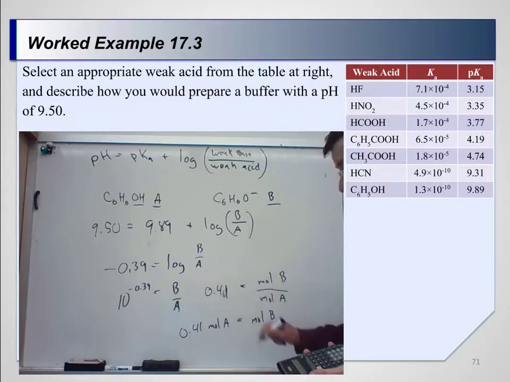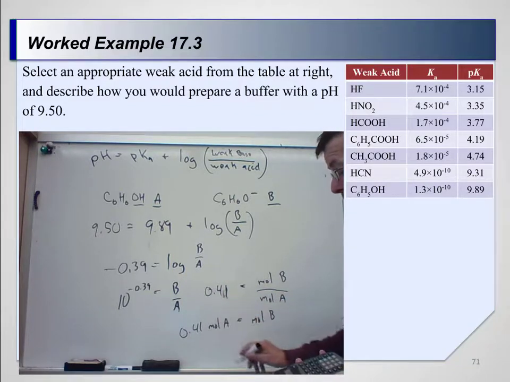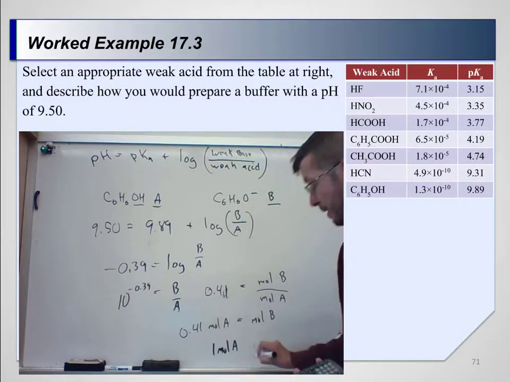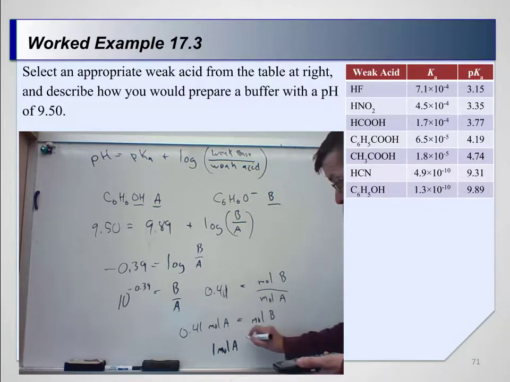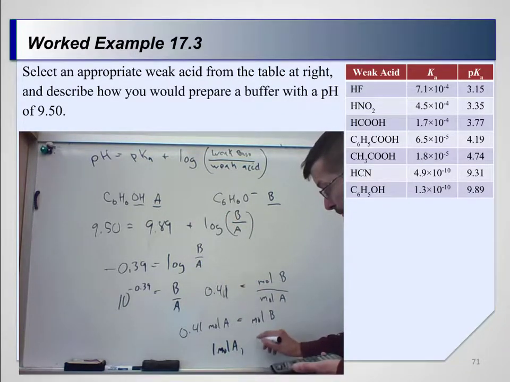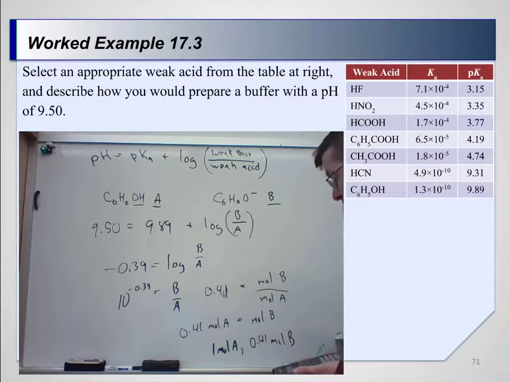So as long as we can set this up, assuming that we were going to start with 1 mole of acid, we would mix 1 mole of our phenol and 0.41 moles of our base to give us the right ratio.